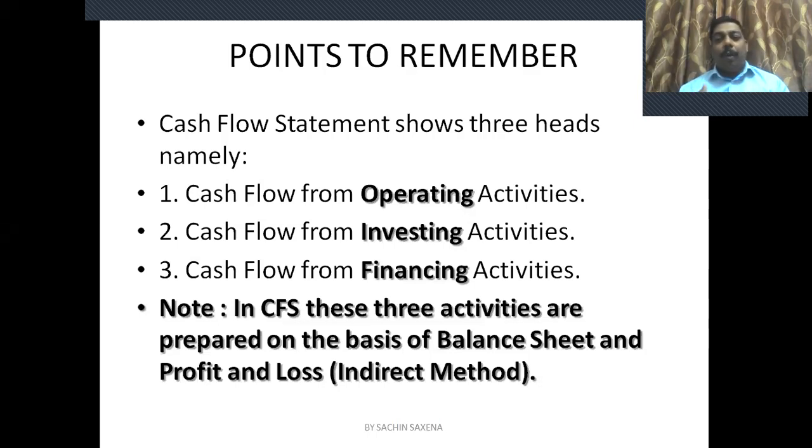Definitely operating activity we are doing to earn more and more cash, more and more profit, and that is why operating activity usually shows a positive answer, meaning a cash inflow. On the other hand, investing activity is concerned with the amount which we are investing either in securities or in some investment plans or in some growth projects or purchasing assets.